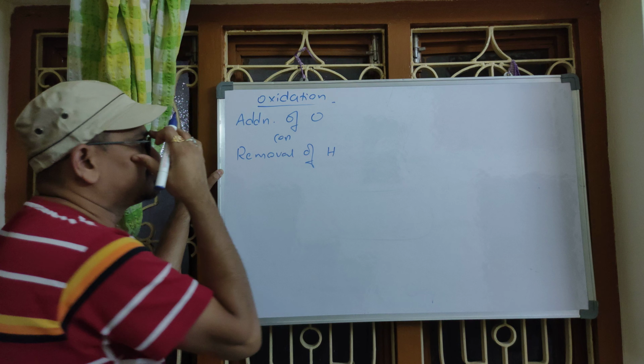From where had it gained? From A. So, what happened to A? A, which is in 0 neutral state, had lost 2 electrons because of addition of oxygen.